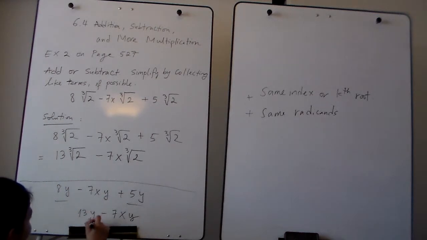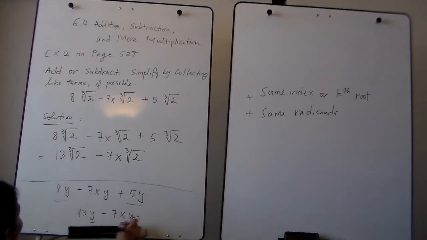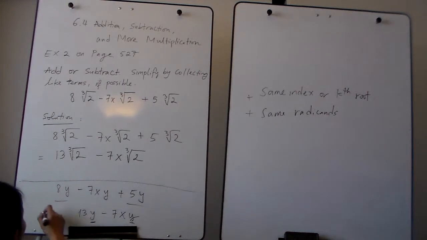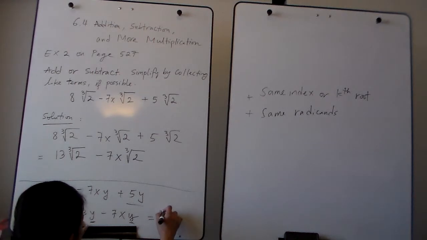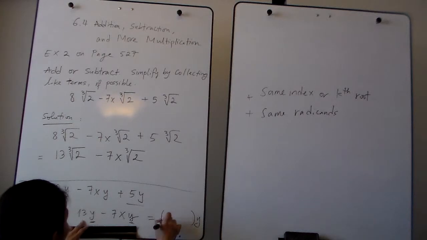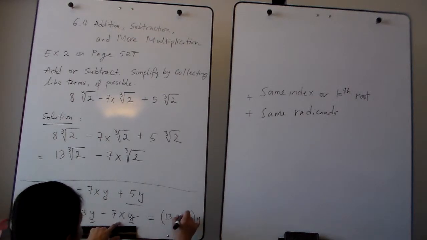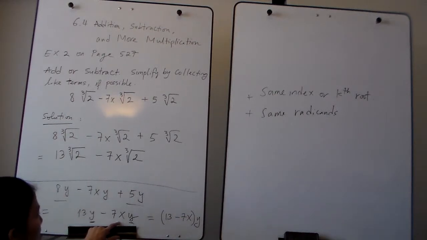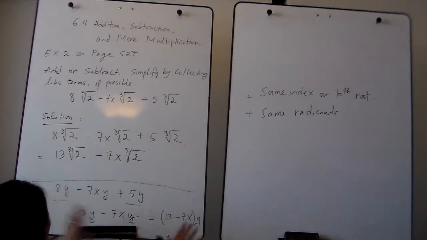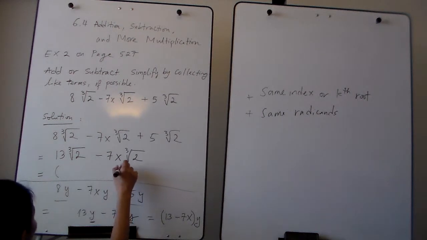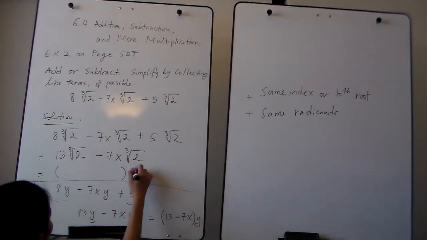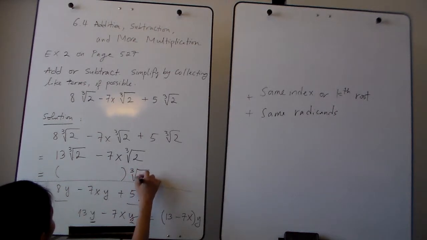Now, the common factor is y, right? You can factor out the y if you wish. You factor out the y here, you will have 13 remaining minus 7x. So I'm going to apply the same procedure here. I'm going to factor out the y, and y in this case is cube root of 2.